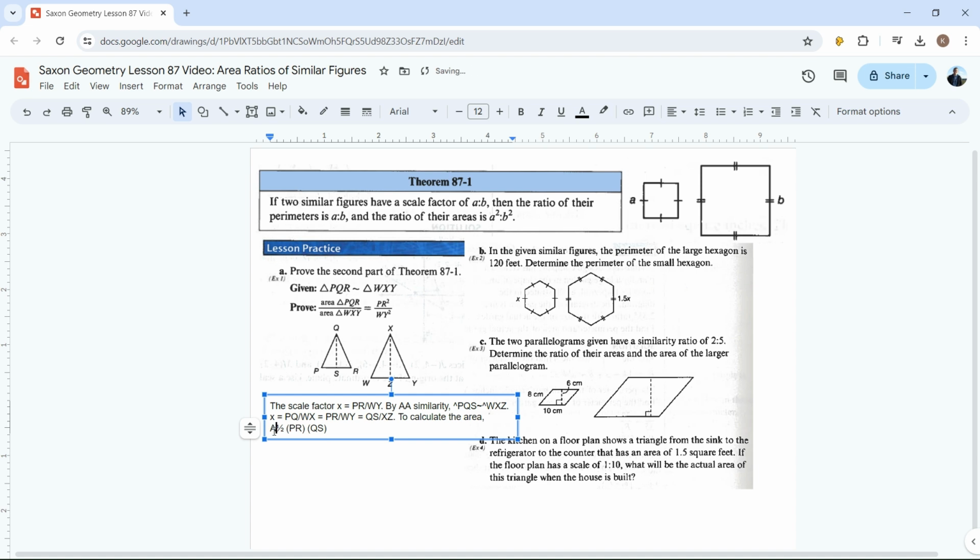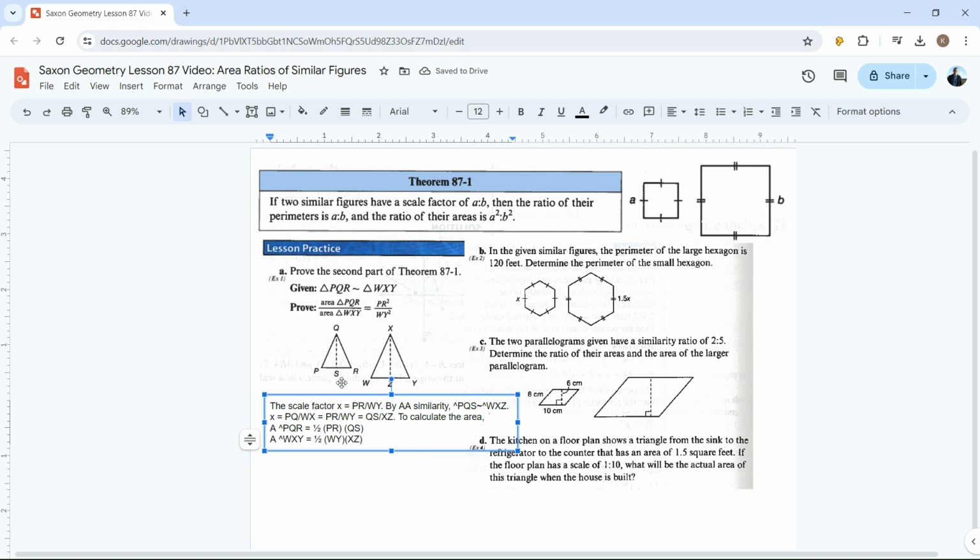We're going to say area of triangle PQR equals this. And then we could also say the area of triangle WXY equals this: 1/2 times WY, I'm sorry, times XZ.